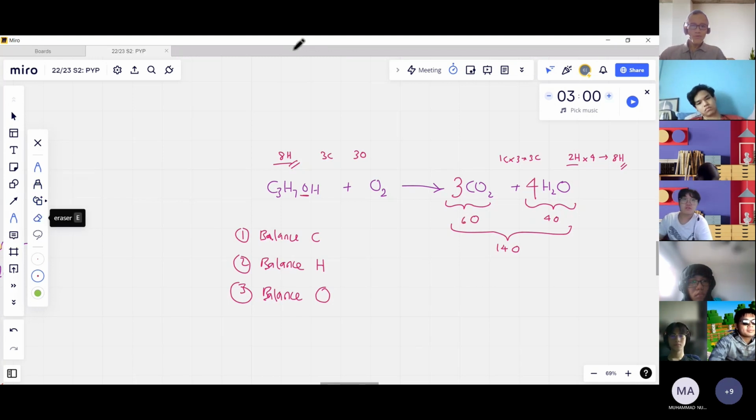So 6 plus 4 is 10. Altogether 10 oxygen. Now, I have how many on the left? Only 3.